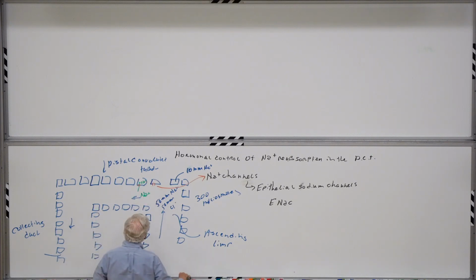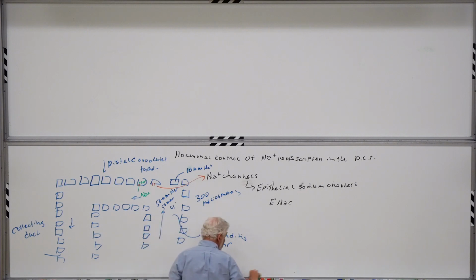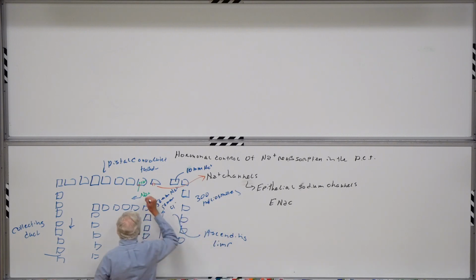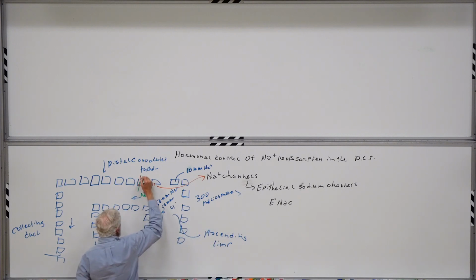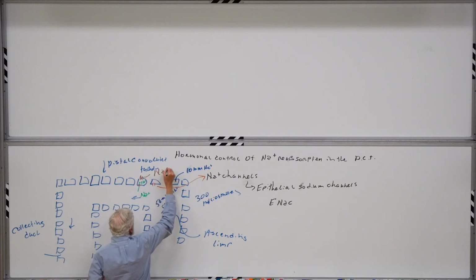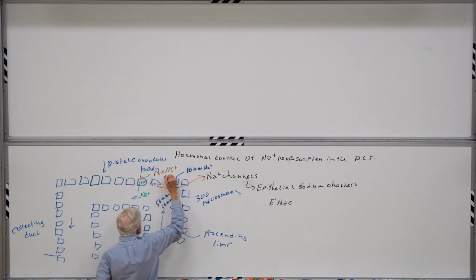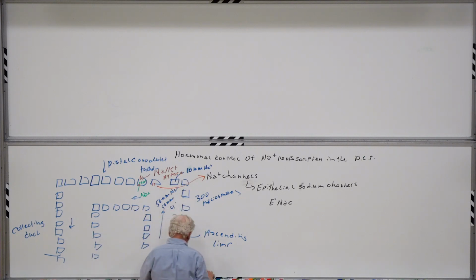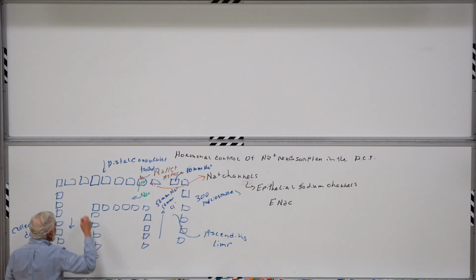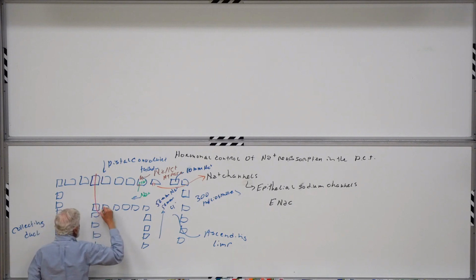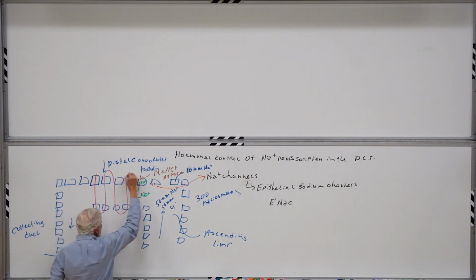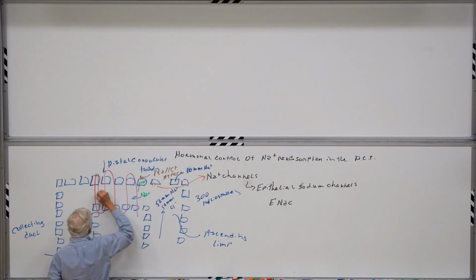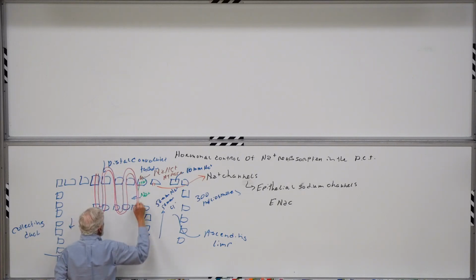And then on the basolateral surface of these cells will be the sodium-potassium ATPase. And to emphasize then, sort of snaking around the distal convoluted tubule here is an extension of the efferent arteriole.